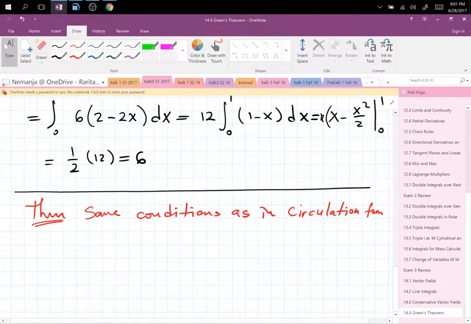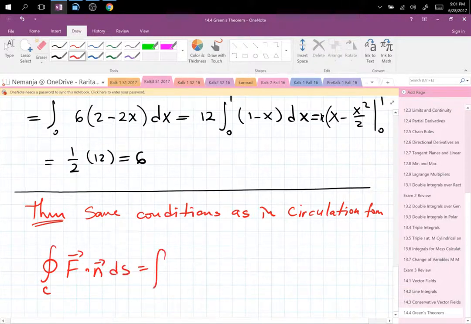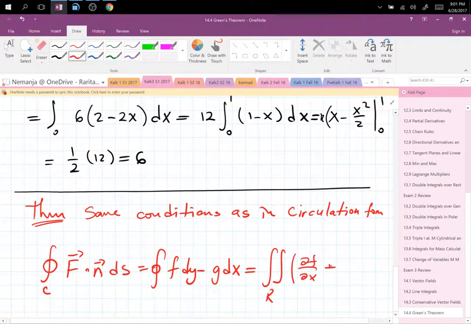All right, so what do we have? We have that the integral on the closed curve F dot n ds is going to be the good old outward flux f dy minus g dx, which is double integral over the region R. And here we have the divergence, partial f partial x plus partial g partial y dA.